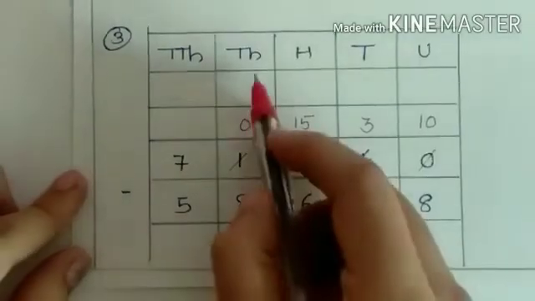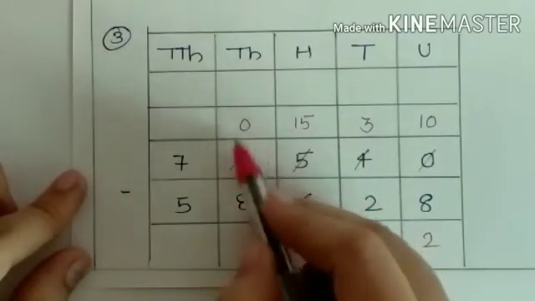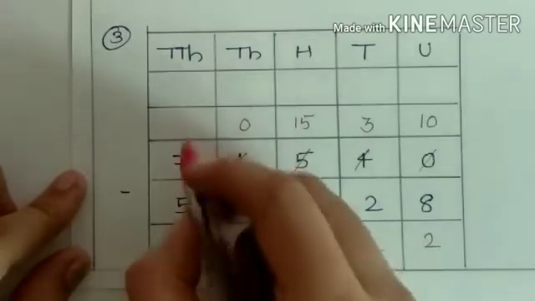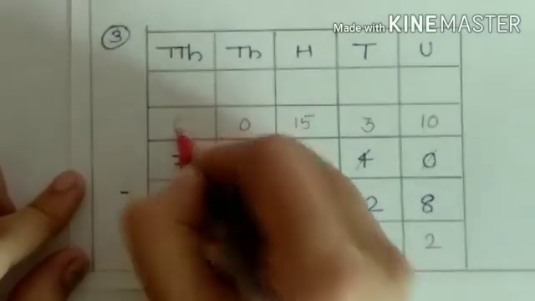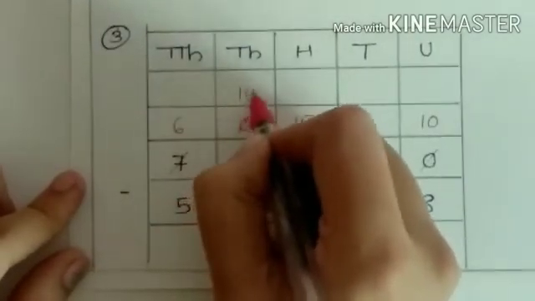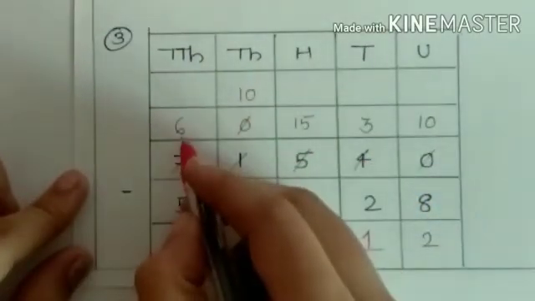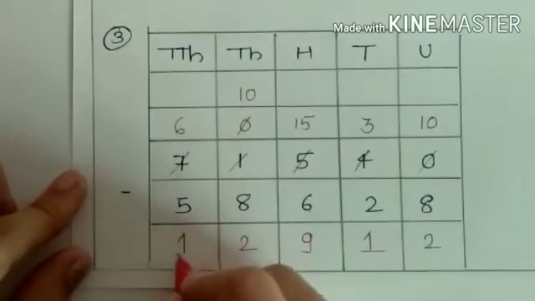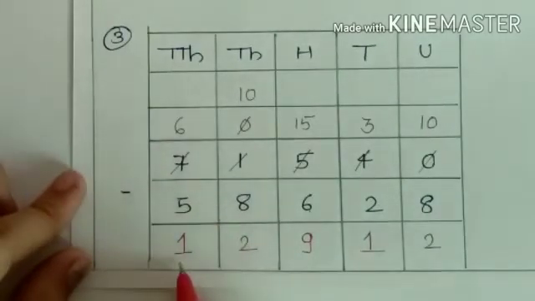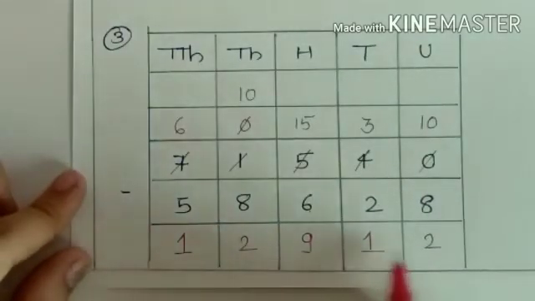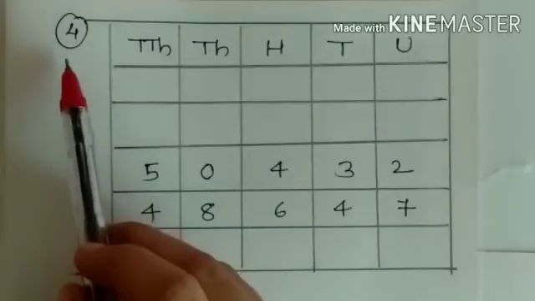Now in the thousands place, there is no number, so we will borrow 1 from the 10,000s place. 7 becomes 6 and 0 becomes 10. Subtracting 8 from 10, we get 2. And in the 10,000s place, 6 minus 5 is equal to 1. So the answer is 12,912.